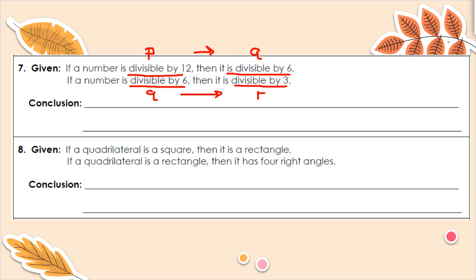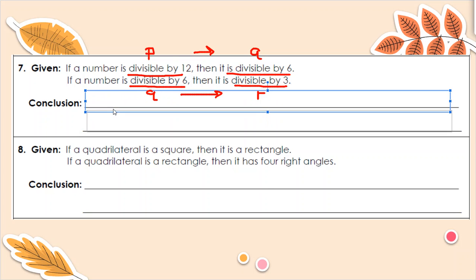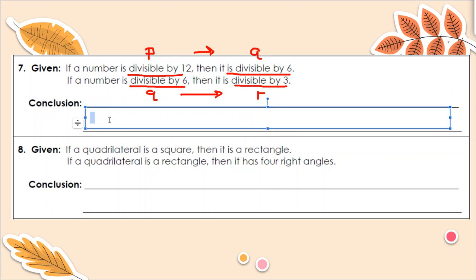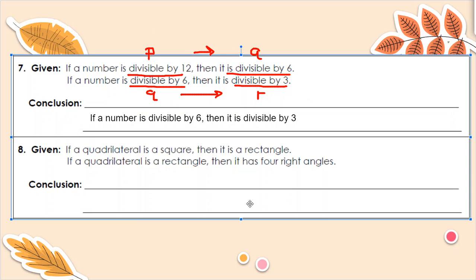So we can apply the law of syllogism and draw the conclusion that therefore, if a number is divisible by 12, then it is divisible by 3. So if P, then R.